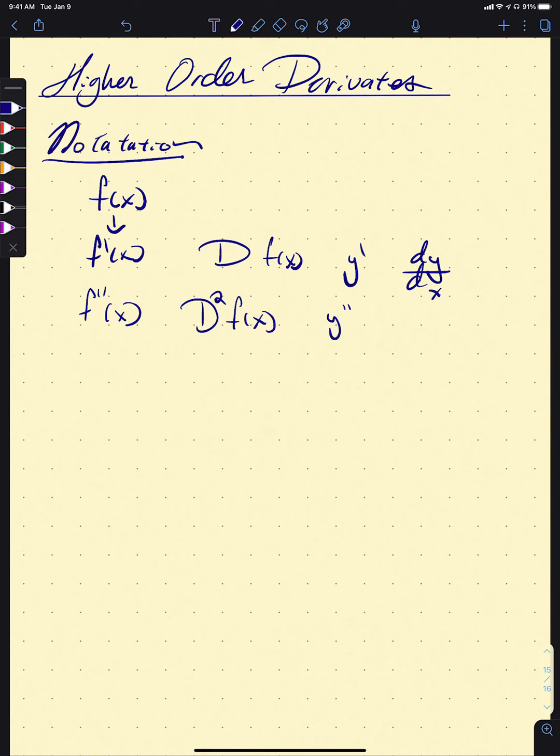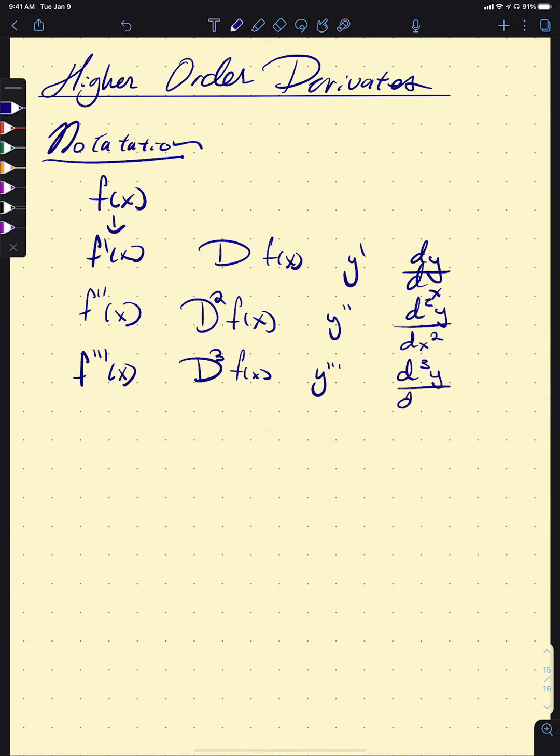Or y double prime, or, and this is, I think, the weirdest one, okay? d squared y over dx squared, okay? If we're taking a third derivative, right, we're going to go into f triple prime, right, d cubed f, y triple prime, and just as before, d cubed y over dx cubed.